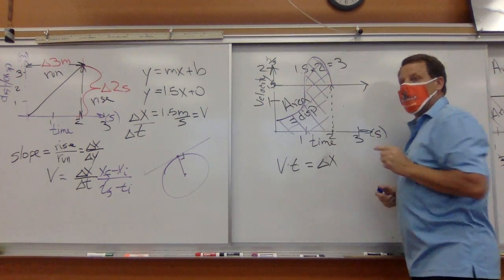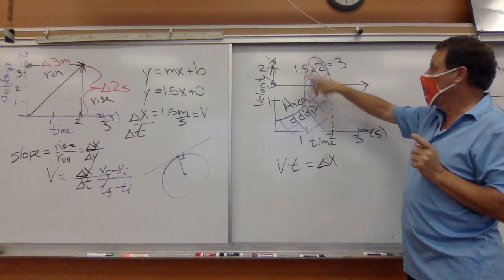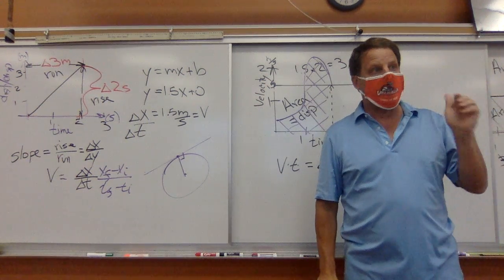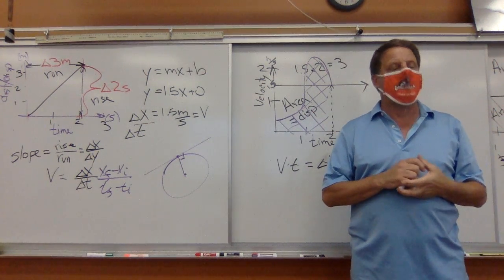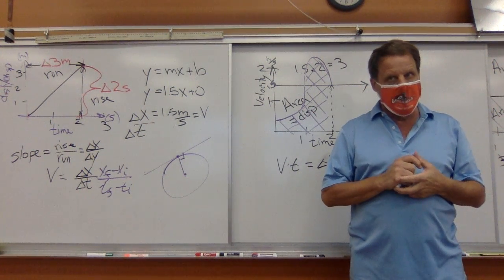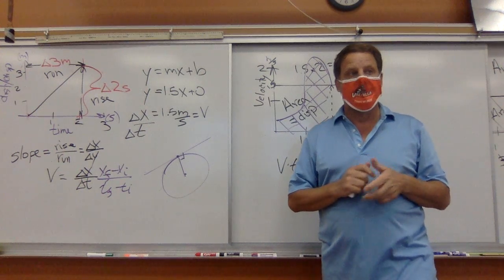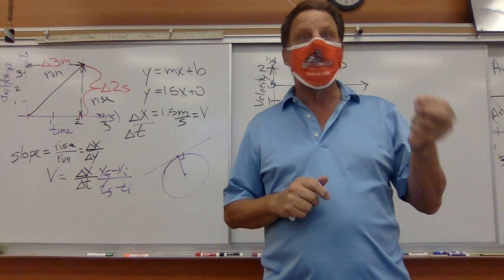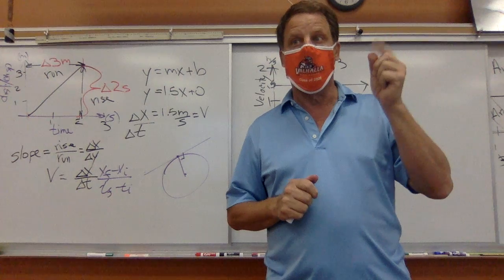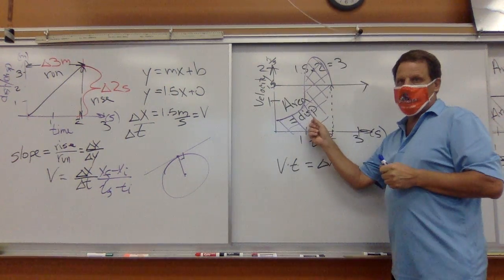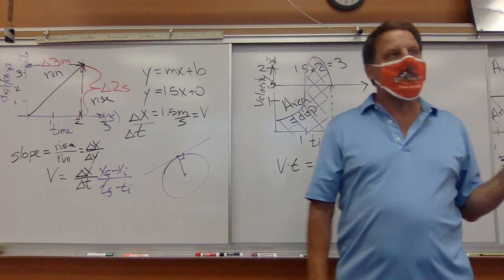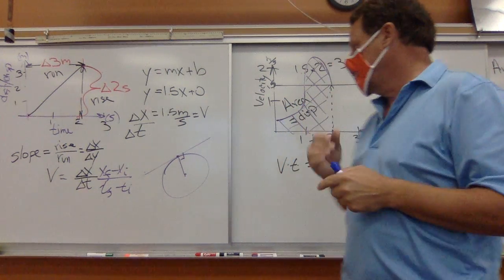Now, to calculate the area under the purple is a little more complicated, and it is something you have not learned in calculus, but you will next quarter. That is going to be an integral, which is an anti-differentiation.